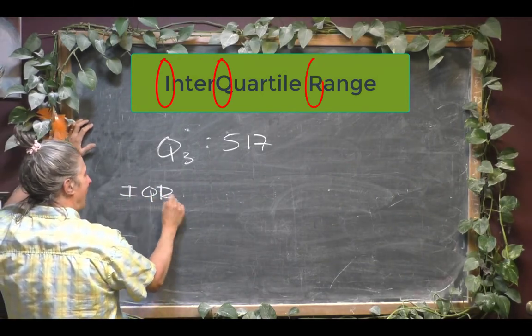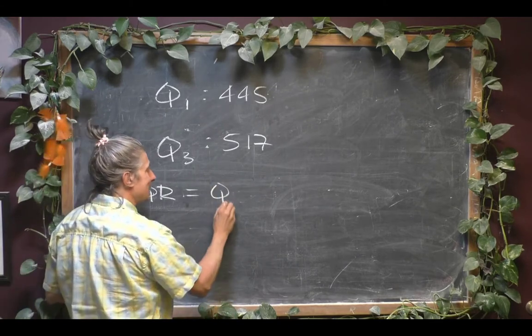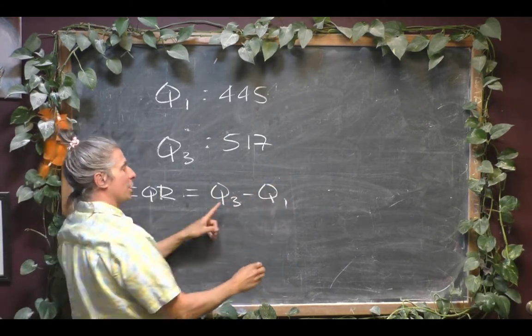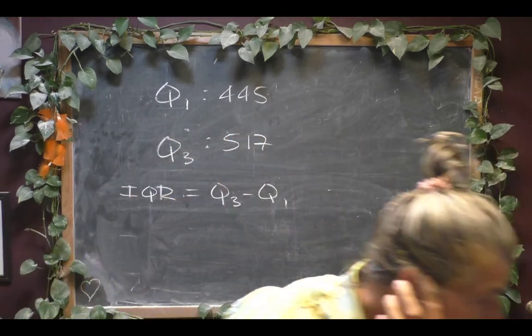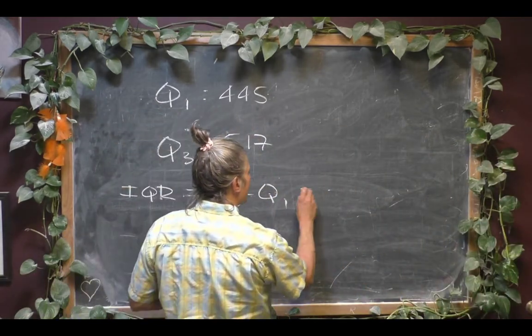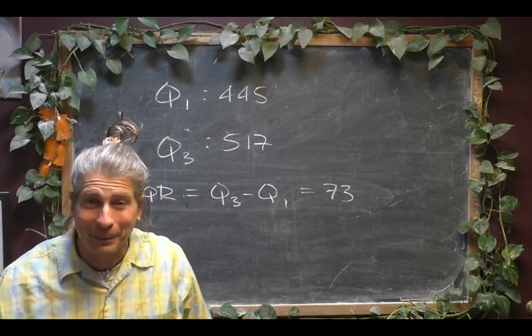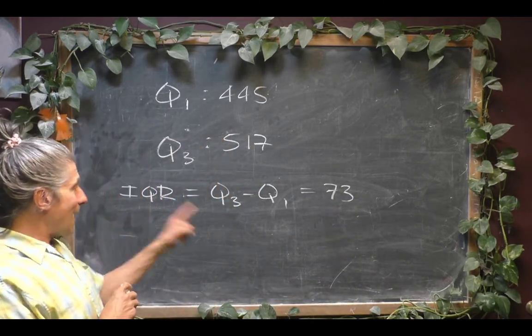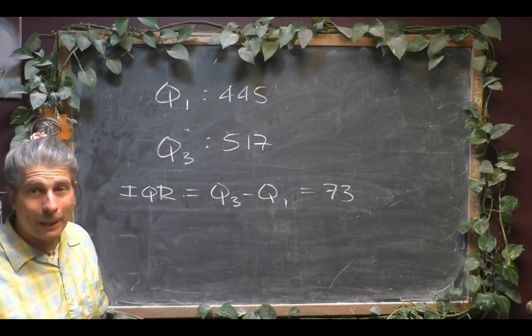And you may have noticed that in the Excel calculator. All it really is, it's the distance between Q3 and Q1. Now, the Excel calculator calls it 72.5. I'm going to round it to 73, just because I'm rounding all these things up to the nearest whole number so I can try to do some mental math a little bit easier. So that's the distance between these two. It's how far apart these two things are.